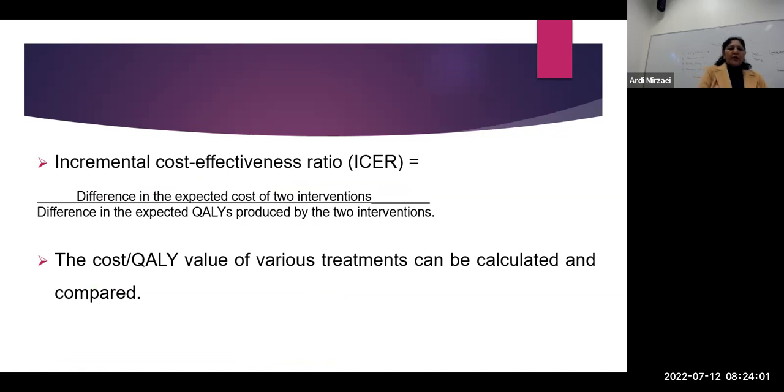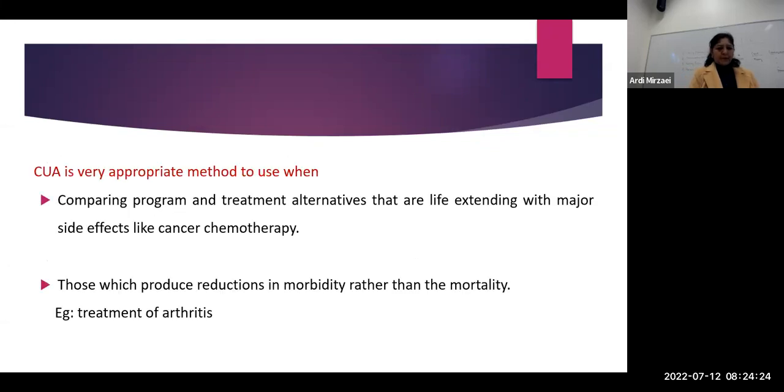So we also calculate what is known as the incremental cost effectiveness ratio. That is the difference in the expected cost of 2 interventions divided by the difference in the expected QALY produced by the 2 interventions. The cost per QALY value of various treatments can be calculated and compared.